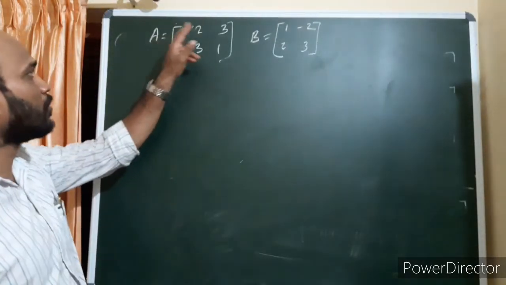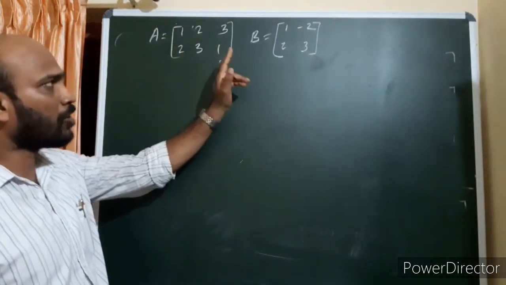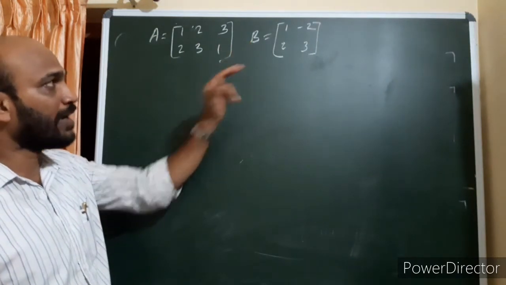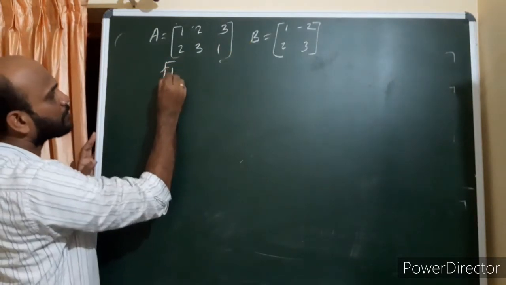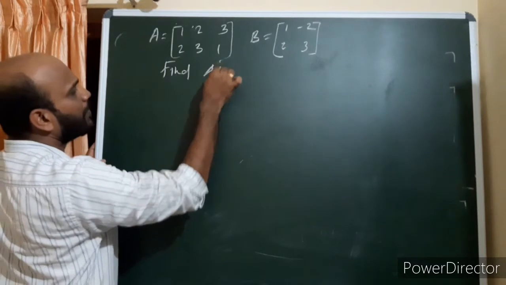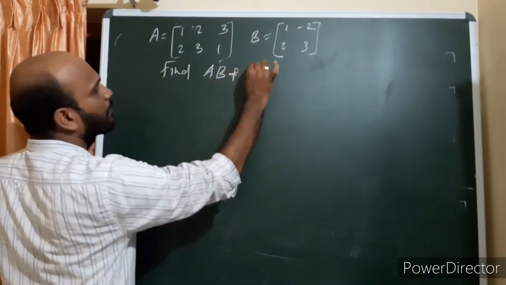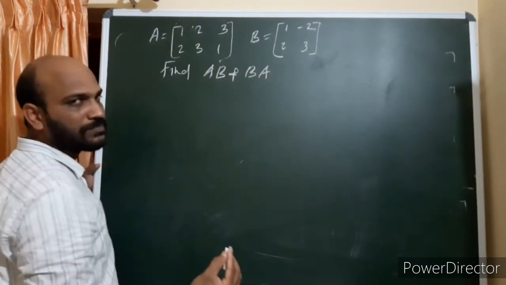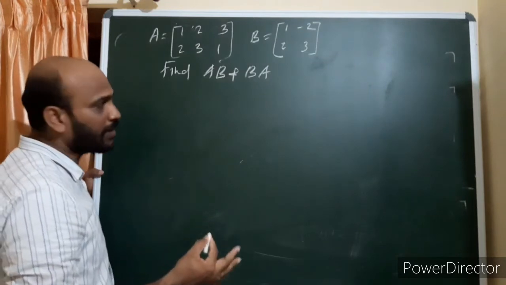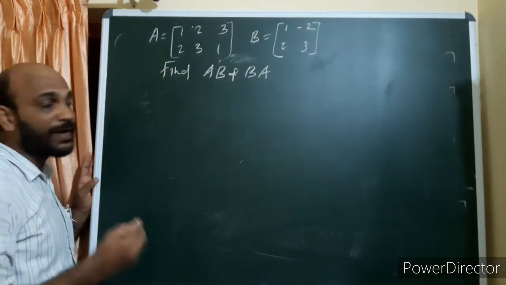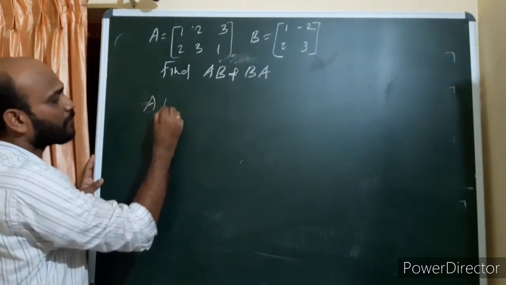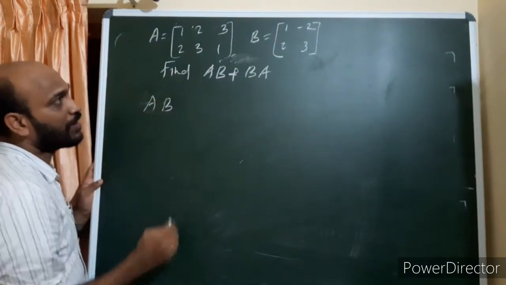Let A equal to 1, 2, 3, 2, 3, 1 and B equal to the matrix 1, minus 2, 2, 3. The question is to find AB and BA. We know that AB is not equal to BA. So can we find AB? For that you have to check the order.